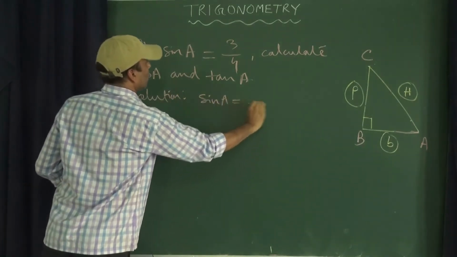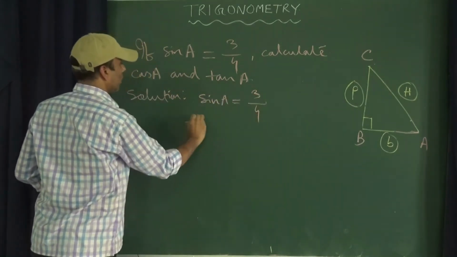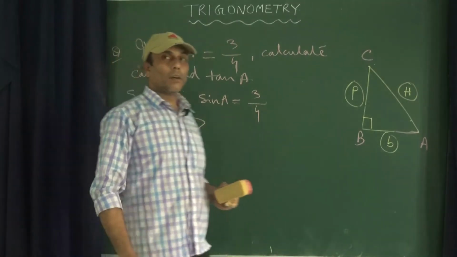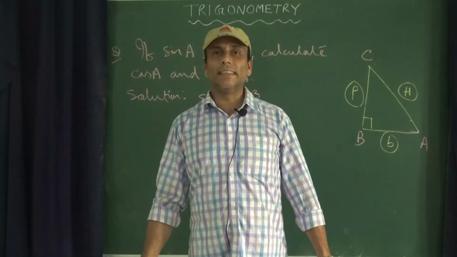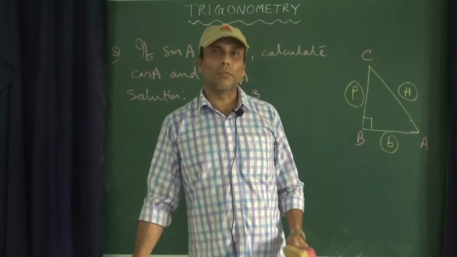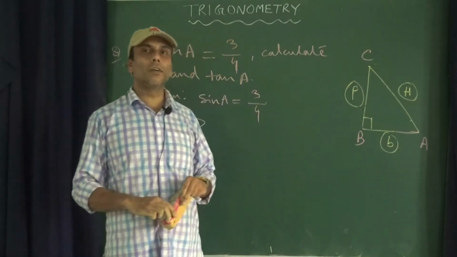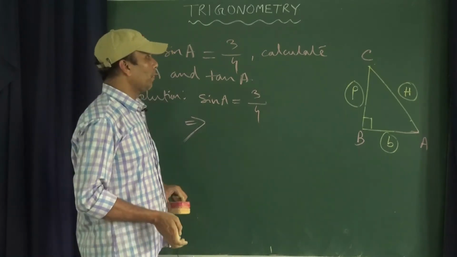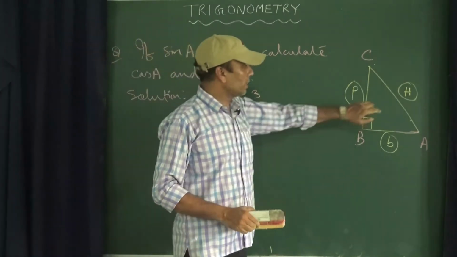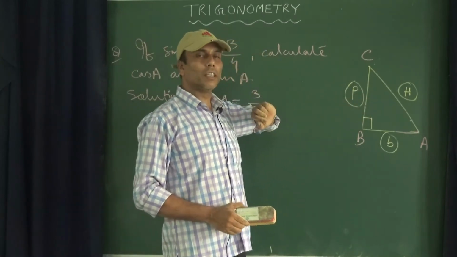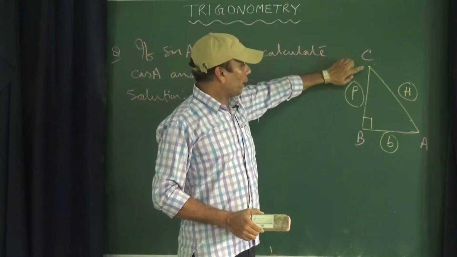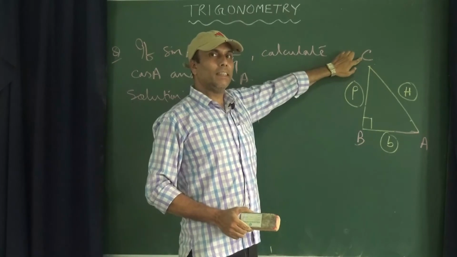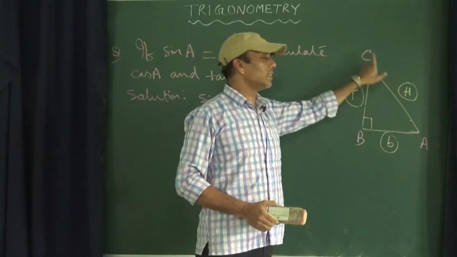Sin A equal to 3 by 4. Just a few minutes ago I discussed how to define sin theta in terms of two sides of a right angle triangle. Sin theta equal to perpendicular by hypotenuse. For this diagram, which is our perpendicular and which is our hypotenuse? Our perpendicular is BC and the hypotenuse is AC.